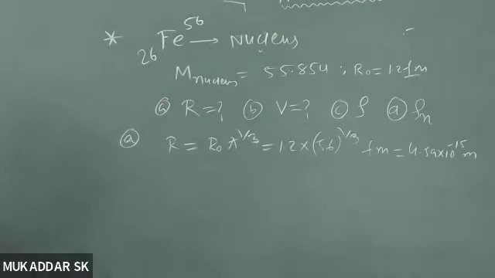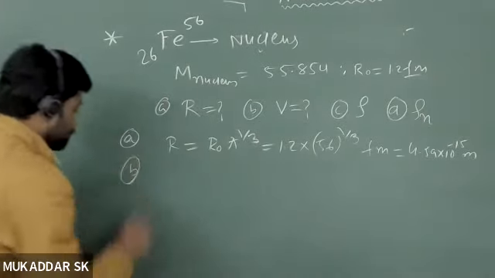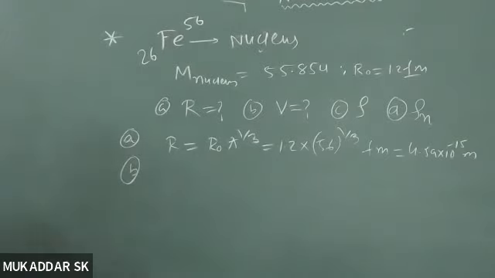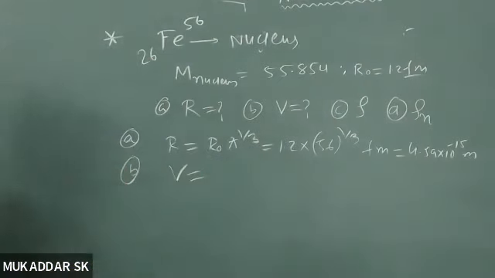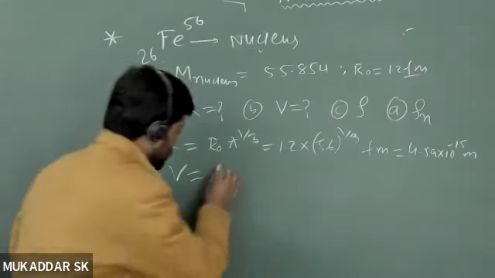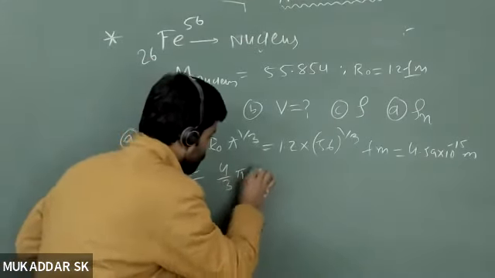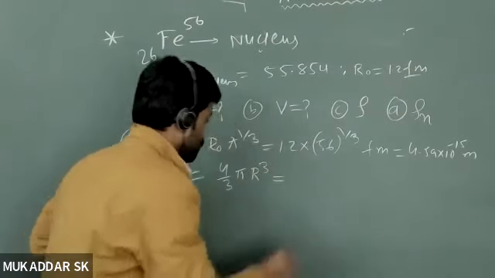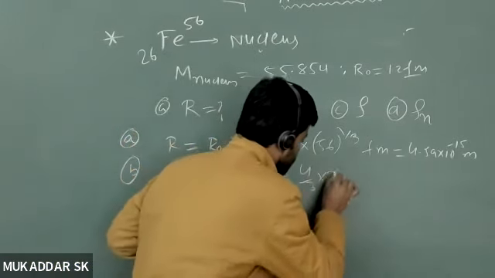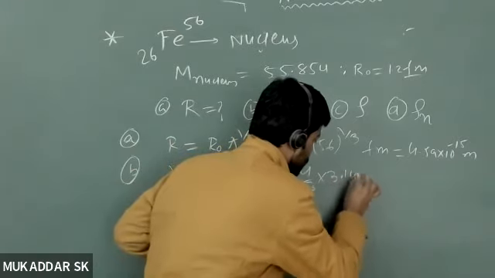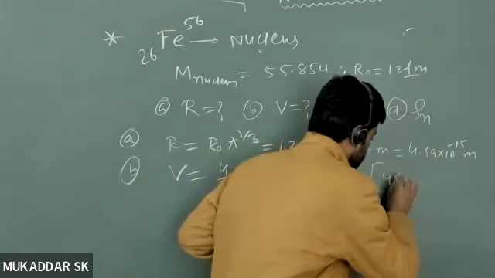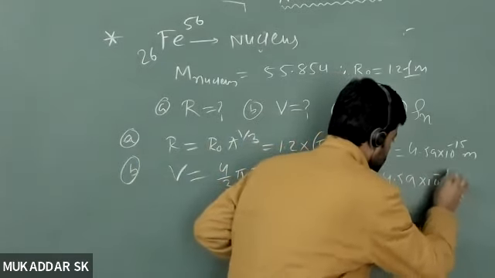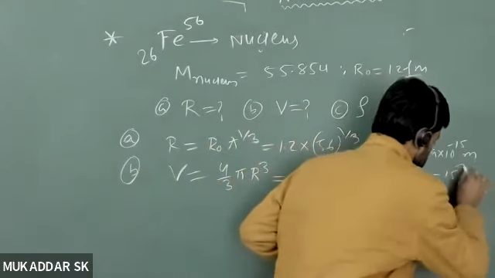Okay, now we'll calculate that second part. We can easily calculate the volume if we know the radius, because this nucleus has a spherical shape. So I'll write 4 by 3 pi r cube. So 4 by 3, then 3.14, and r is 4.59 into 10 to the power minus 15, whole cube.